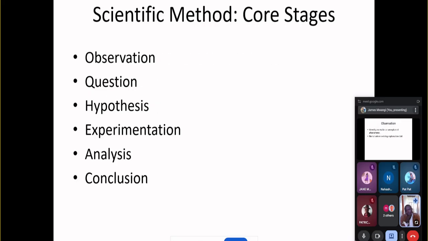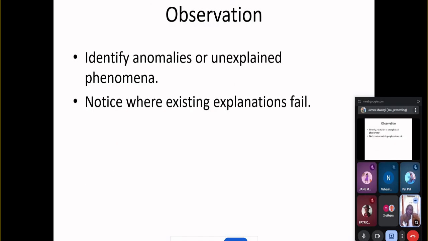So let's look at these stages, each of them, what it means. In observation, you identify anomalies or unexplained phenomena. Okay, let's say environmentally, you can look at anomalies.